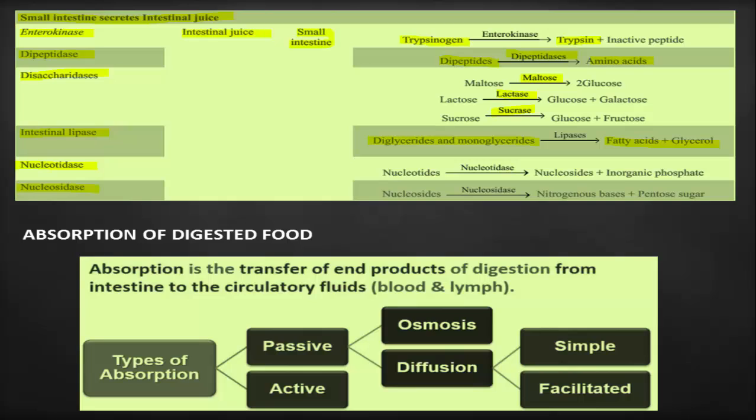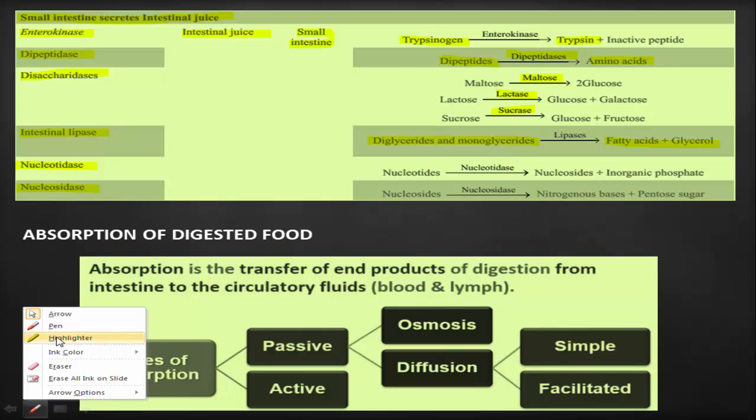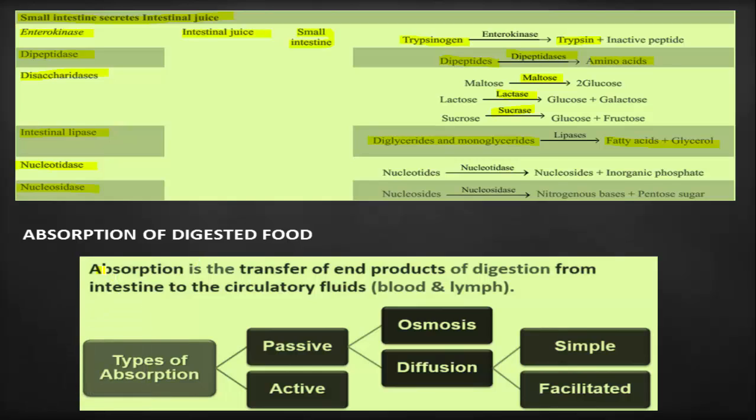Absorption is the transfer of end products of digestion from intestine to the circulatory fluids. The colored fluid of the body is blood and the colorless fluid is the lymph.